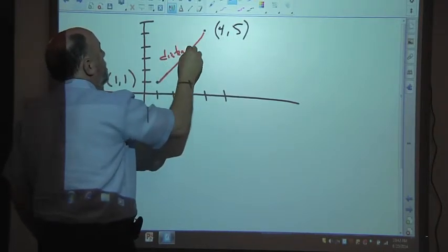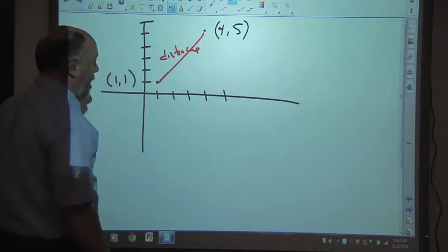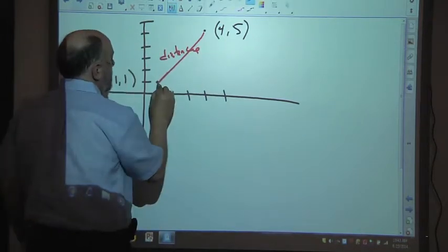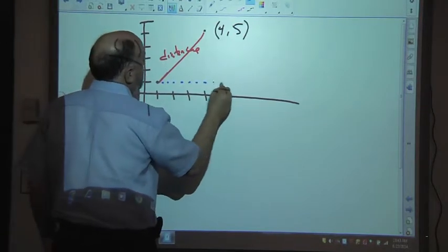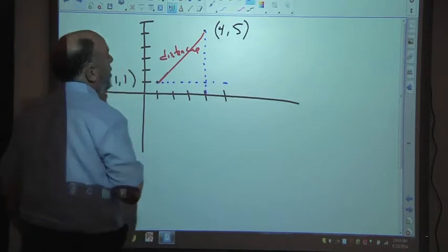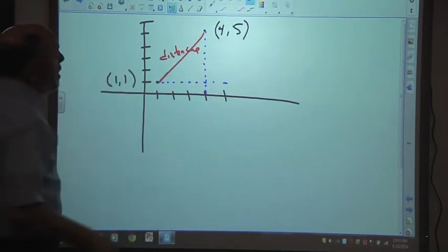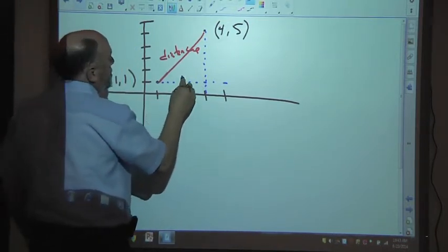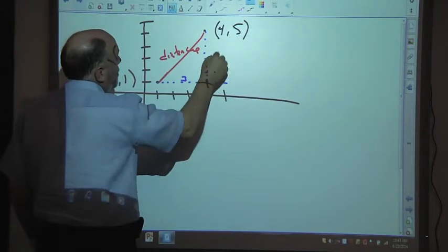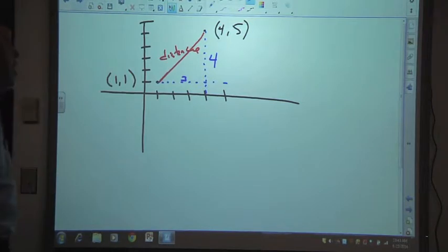Right? Well, if I look at this, I could make this into a right triangle. I could take this straight across. I can take this straight down, and I have a right triangle. And I would get that from here to here is 3 units. And from here to here is 4 units. And so I could find the distance by using the Pythagorean theorem.